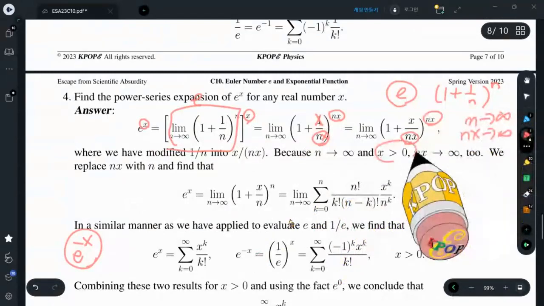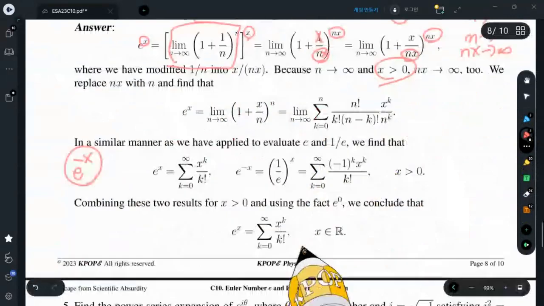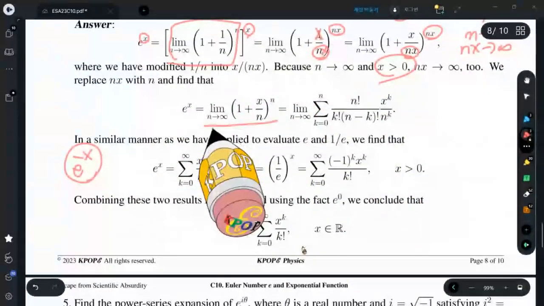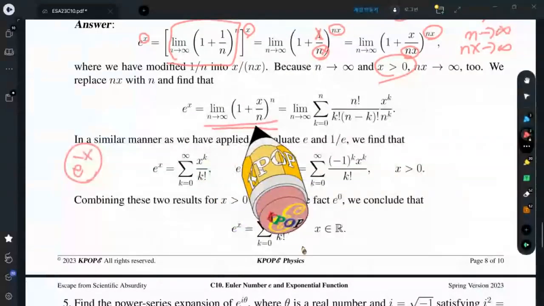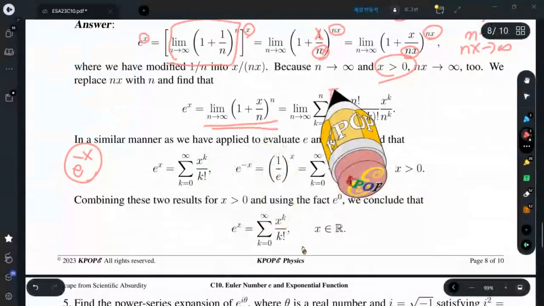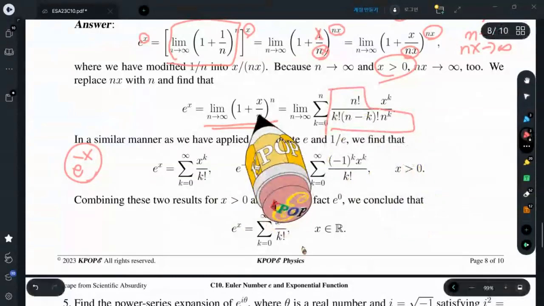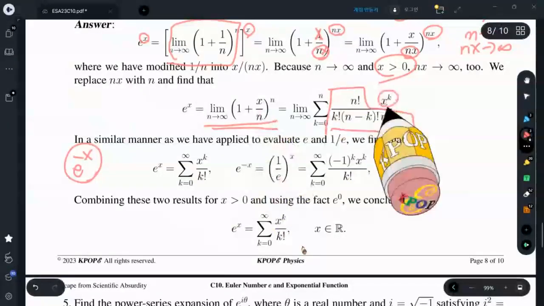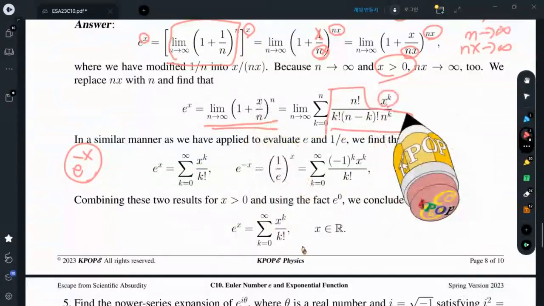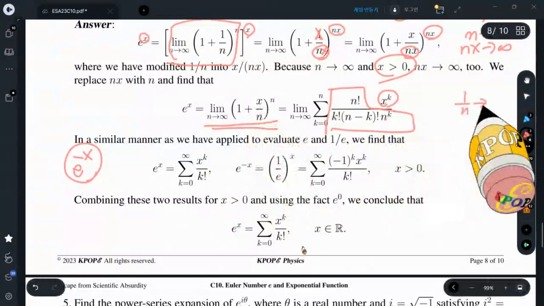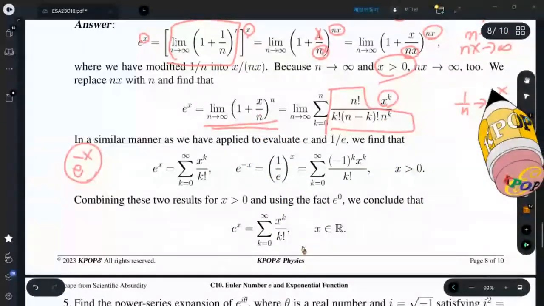So in this manner, what I have found is just applying the binomial theorem once again. However, in this case, everything else is the same except that I have the same power of x in the numerator above n to the k, because 1 over n is replaced with x over n.